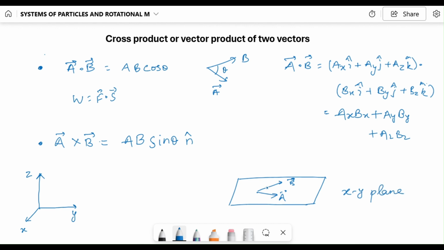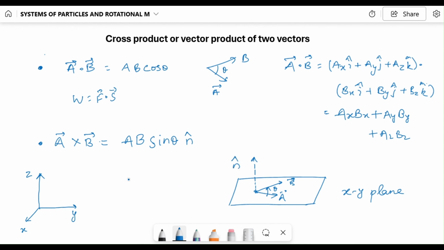So for A cross B, this is the angle between these two vectors, theta. A cross B will be along this direction, which is perpendicular to the xy plane in this particular case, that is along the positive z direction, and this is the direction of the unit vector n cap.